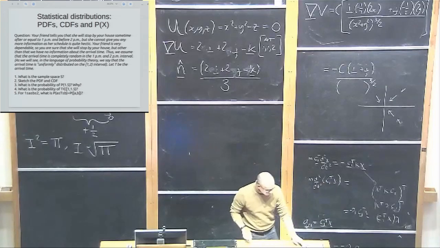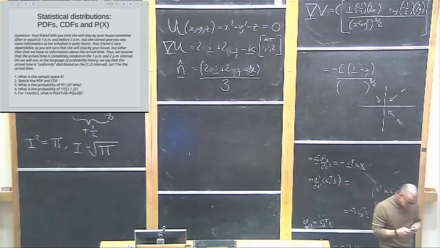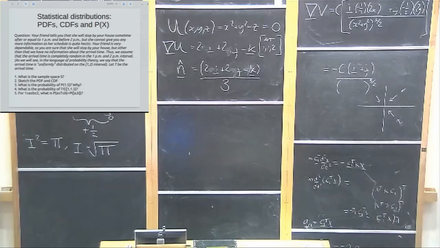Okay, so here's a really simple question, which will illustrate some of the points that we're talking about. Your friend tells you she'll stop by your house sometime after or equal to 1 p.m. and before 2 p.m. But she cannot give you any more information as her schedule is quite hectic. The art here is reading the words of the question and working out what that means mathematically.